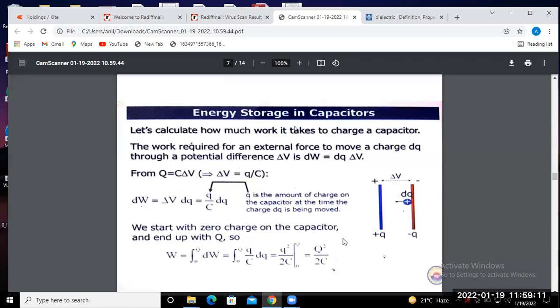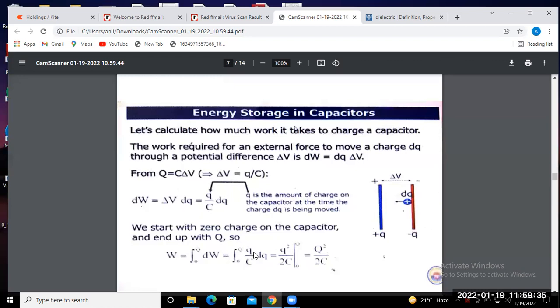Okay. We consider that at the initial point no charge is stored in the capacitor, and the final total charge stored on the capacitor is Q. So the integration is from 0 to Q of Q by C into dQ.